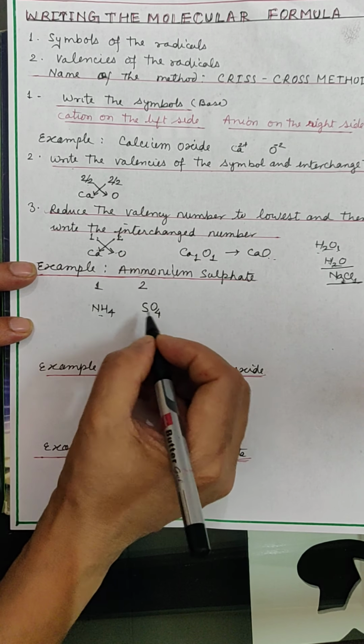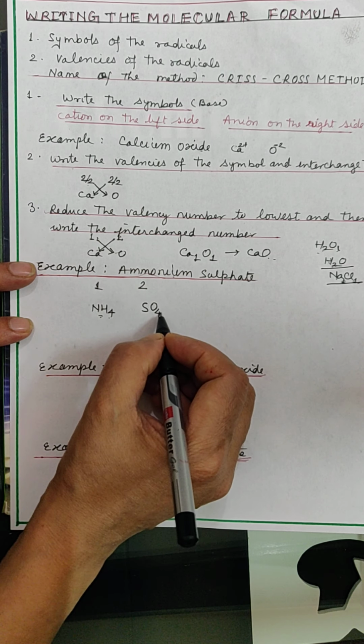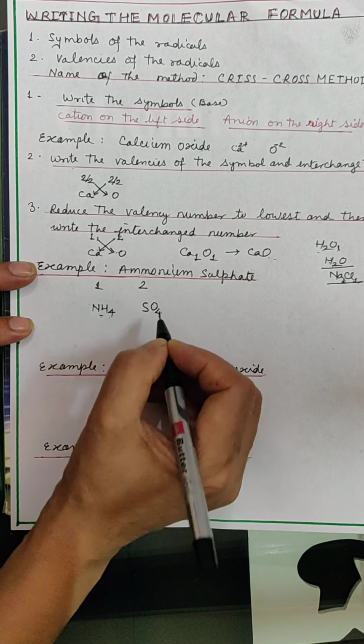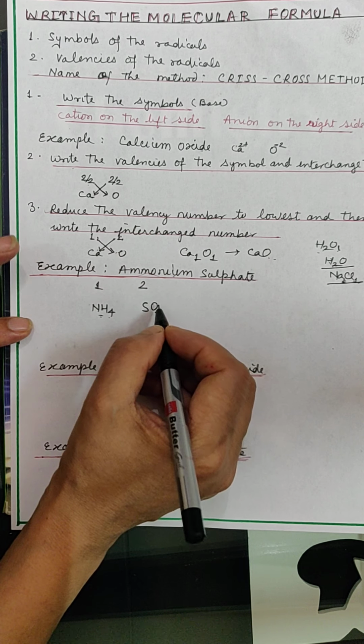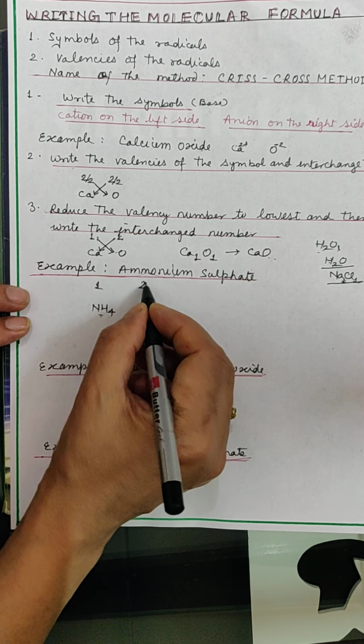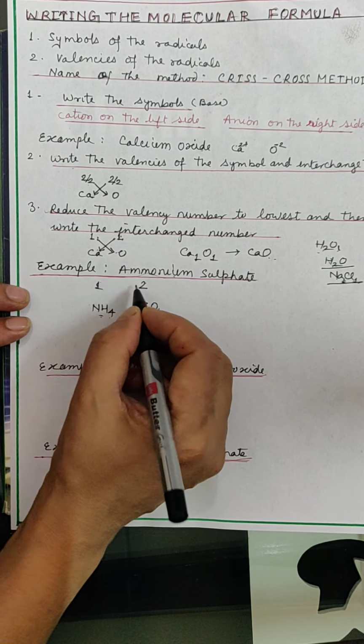It means when we write the symbol, we write it without charge. Symbol of cation, symbol of anion, but we don't write their charges, we write their valencies with a little gap above them.